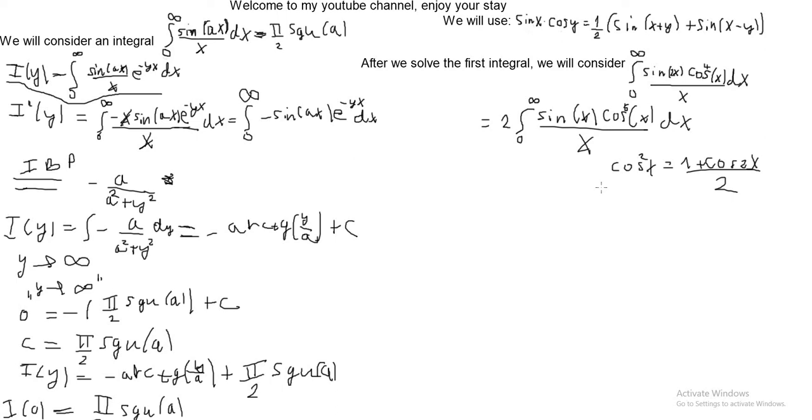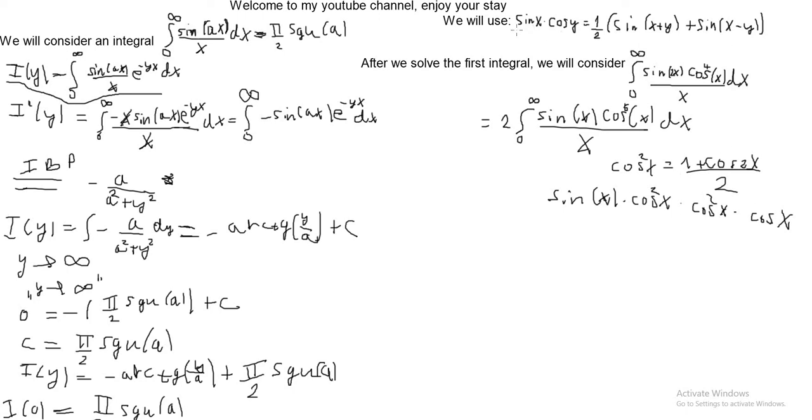So we can write the cosine to the fifth of x as sine of x times cosine squared of x times cosine squared of x times cosine of x. Both of those cosine squared terms you can replace with this formula, and then you just multiply the stuff out.